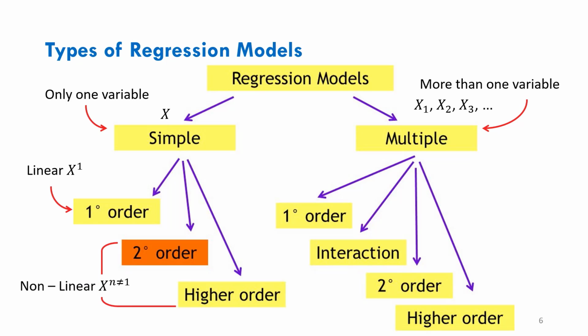A non-linear model has order more than 1, such as quadratic, having second order. Simple regression can be linear or non-linear, but there are no interactions. In multiple regression, a non-linear model can also include interactions. For example, x1x2 could be one of the terms of the multiple regression model.